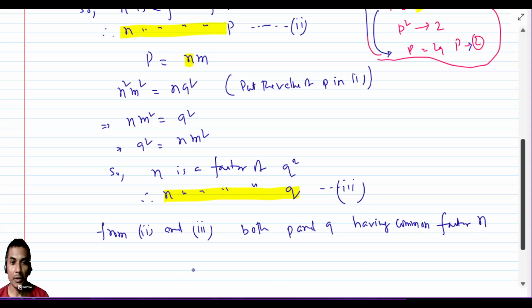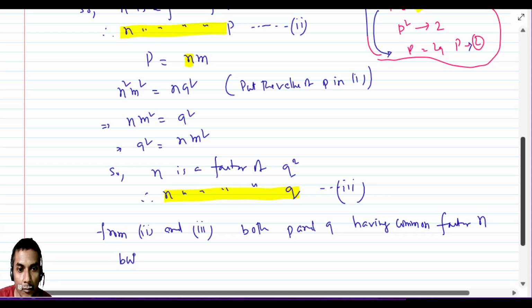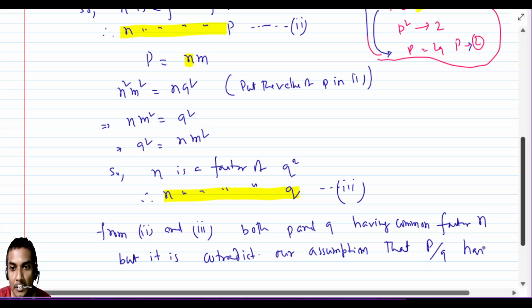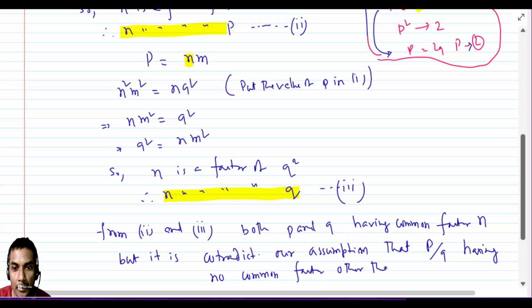But this contradicts our assumption that p by q have no common factor other than 1, because they are co-prime.